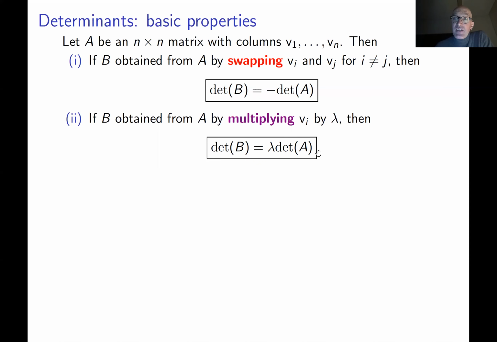So if you have a matrix whose one column is a zero vector, its determinant is automatically 0.